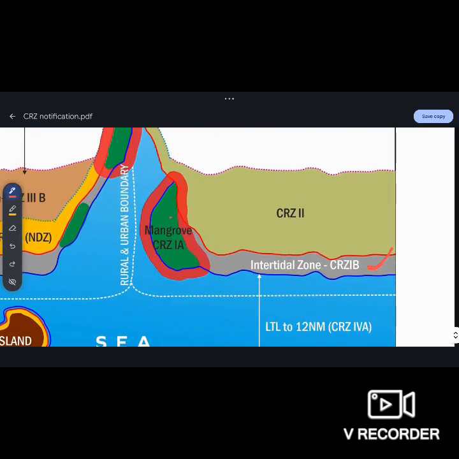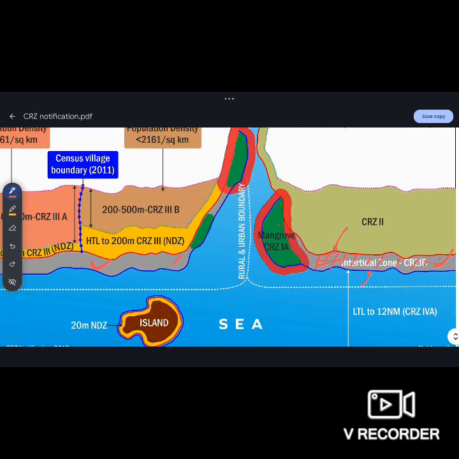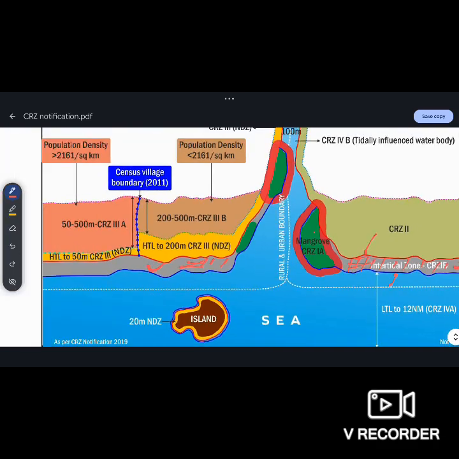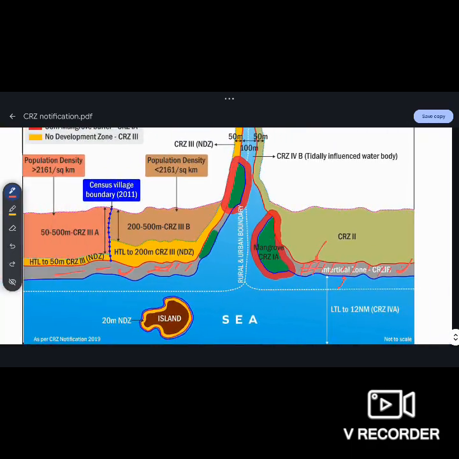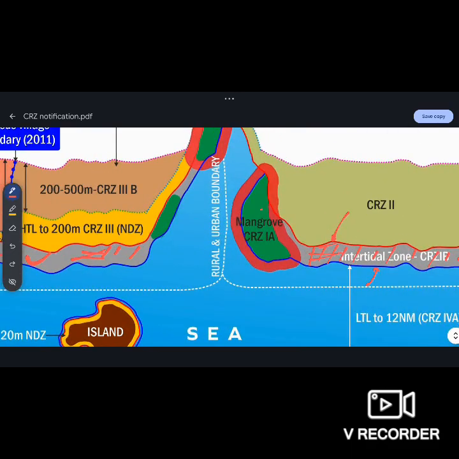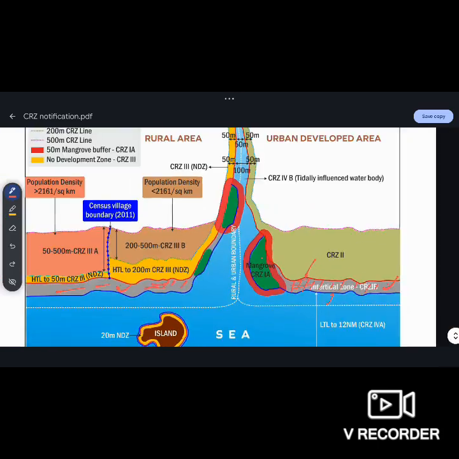This blue line is your low tide line, and this green line is the high tide line. So areas which fall between these two lines are the intertidal zone. This is a transition area which gets frequently flooded by seawater.